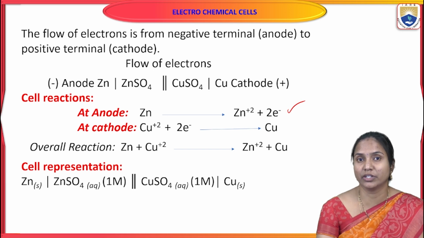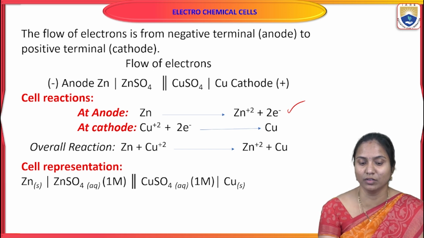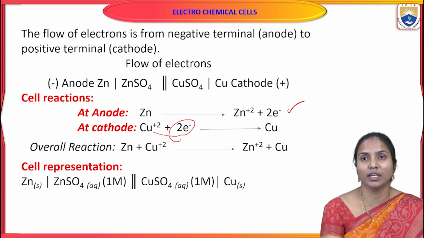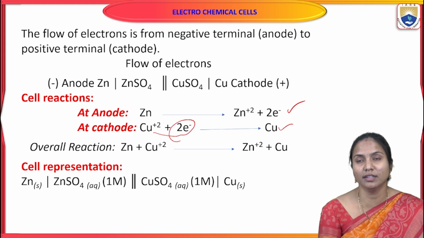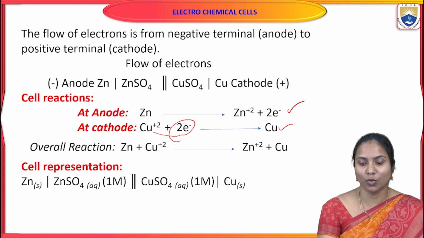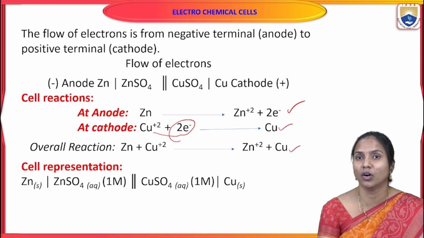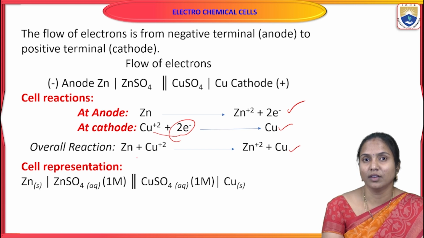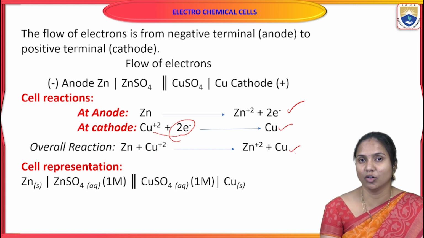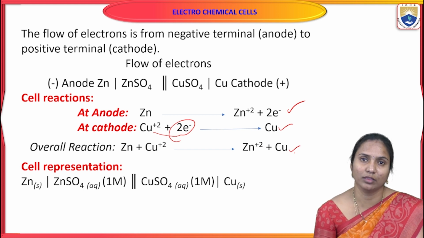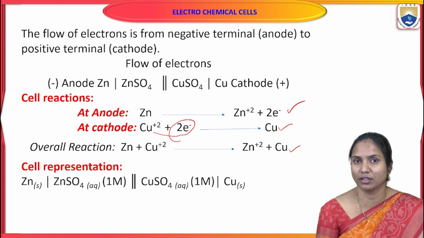Copper undergoes reduction, reduction means gain of electrons. That's why it gains 2 electrons and is deposited there as copper. So what is the overall reaction in this electrochemical cell or Daniell cell? Zinc and copper ions give zinc ions, and copper is deposited at the cathode as copper.